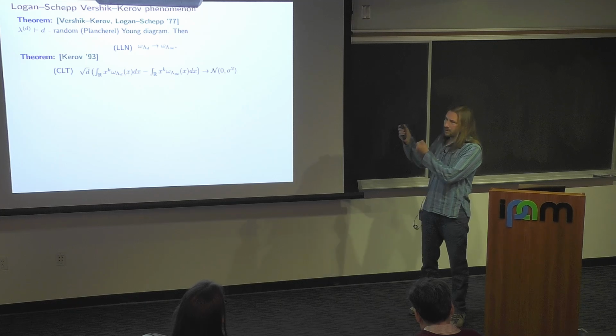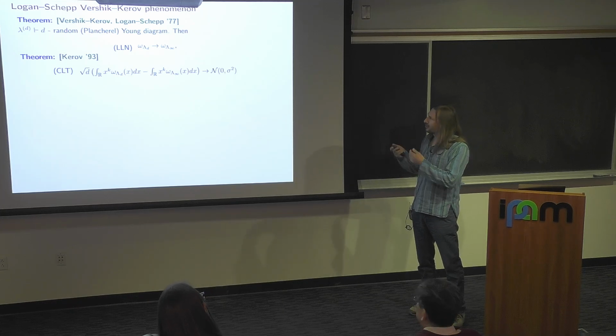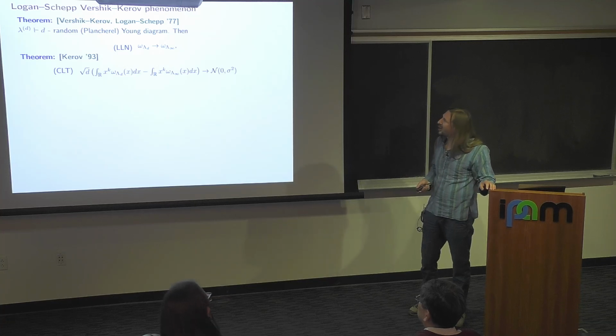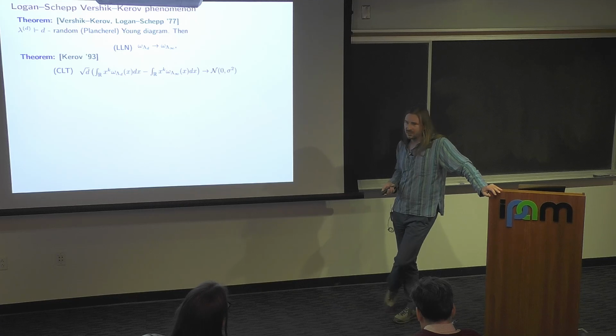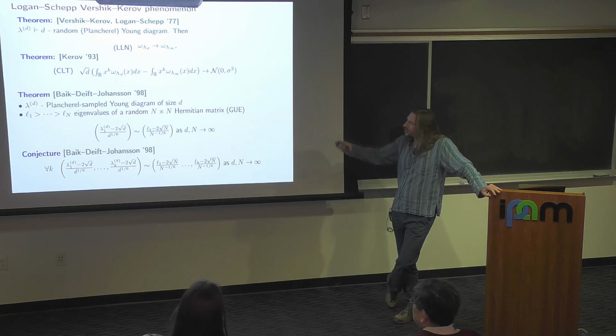So you can see that it's very appealing, very similar to the case of random matrices. Once you have it, you can start wondering whether there is even more. You can ask, what is happening with the largest row? Maybe this is not a coincidence.